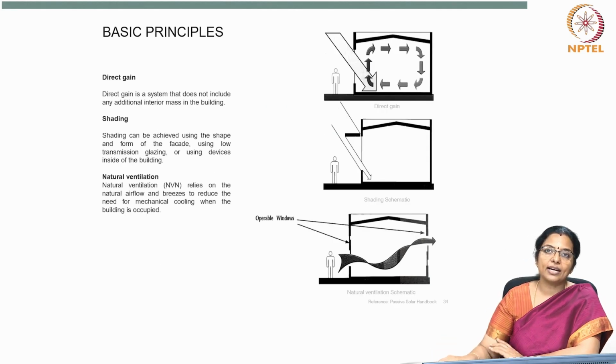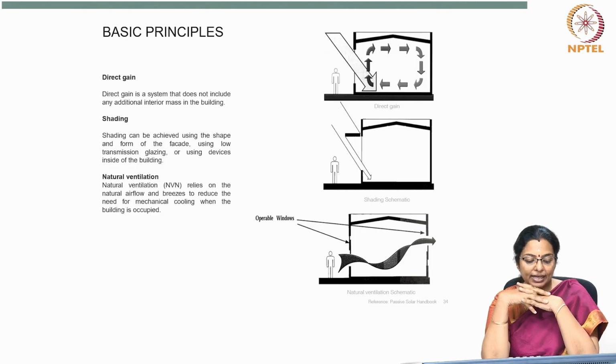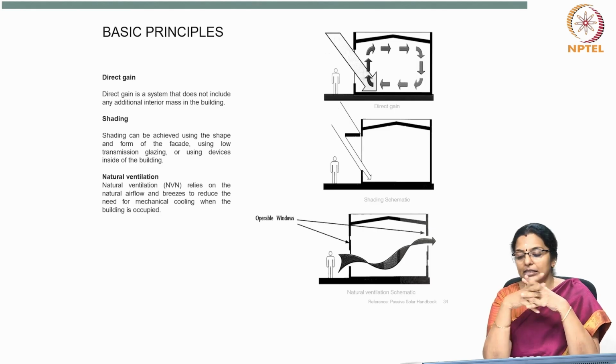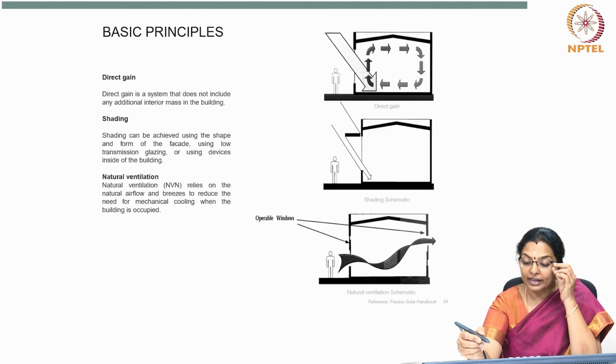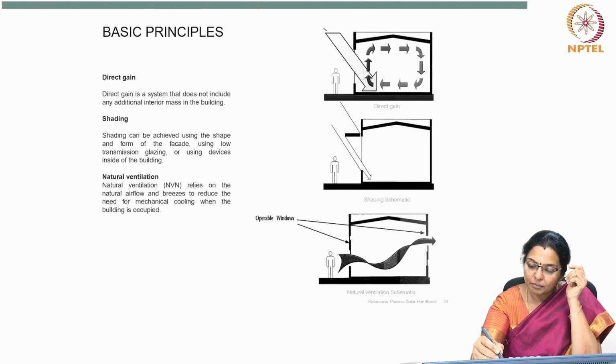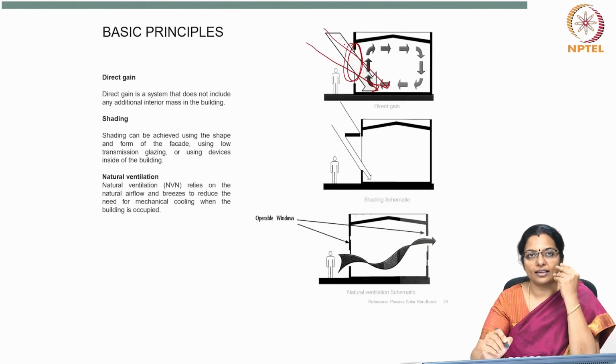Then let's look at the basic principles of heat gain. Direct gain is a system that does not include or require any other mass, but just allows the heat to pass through the building through a transparent material, normally glass.